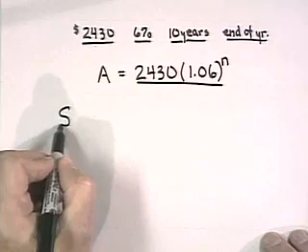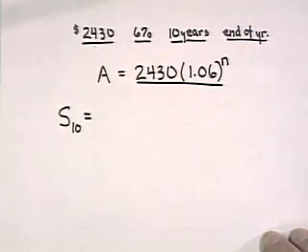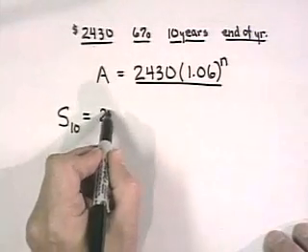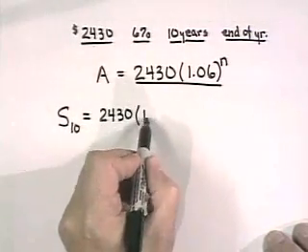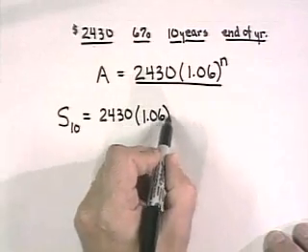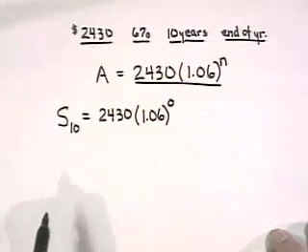And the sum of 10 years of this sequence looks like this. We pay $2,430 at 6% interest. The last payment we make gets no interest.